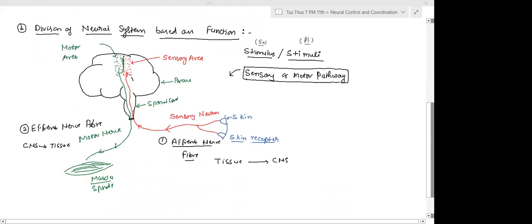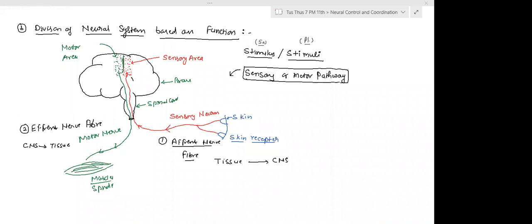Then look Affaf. Now the second division is the division of the neural system based on function. On the basis of function, we divide into two parts: motor and sensory, right? Look, in the skin there are certain receptors for external hotness or coldness, whatever the stimulus is.